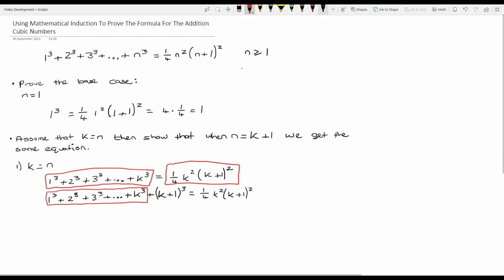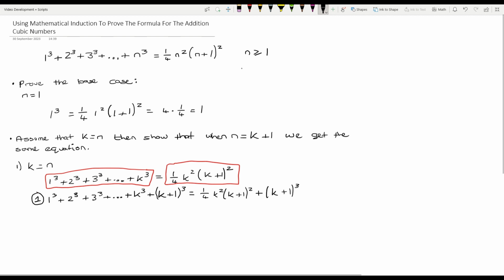And then we also need to add on our (k plus 1) cubed.